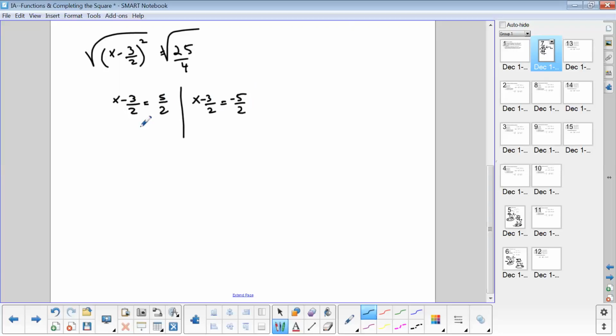So when I add 3/2 over here, I'm going to get 8/2 or 4. So 4, 0 would be one solution. And when you add 3/2 over here, you're going to get negative 2/2, and that would be negative 1.